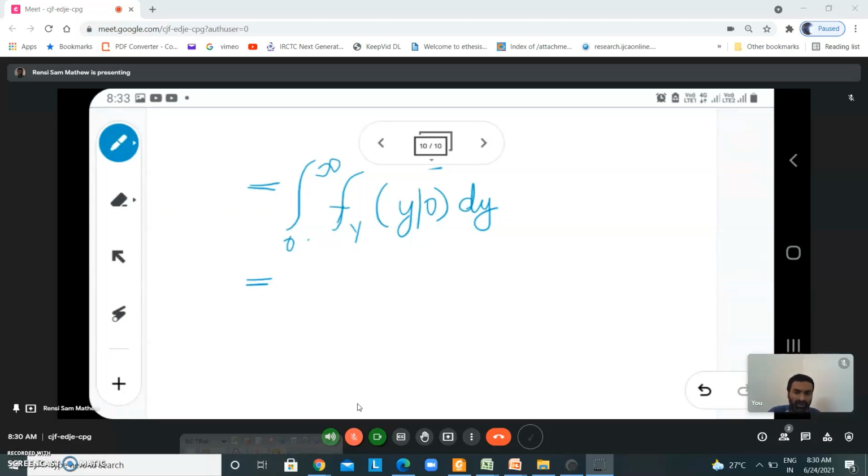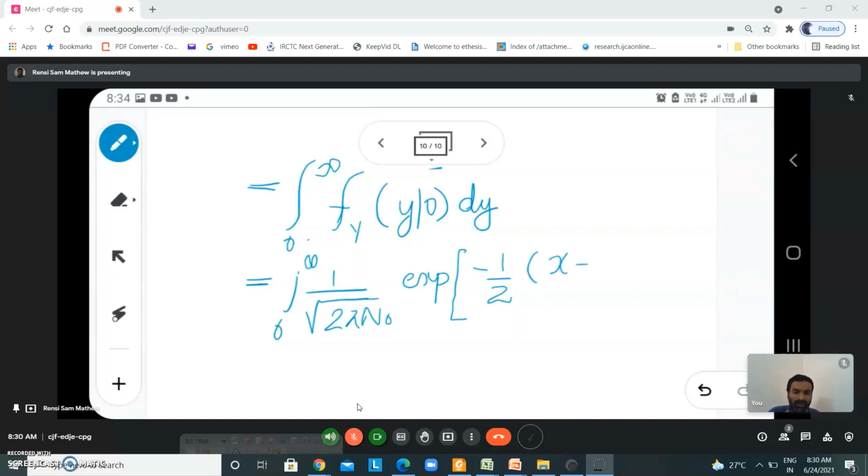We know this is a Gaussian random variable, so I can write it as 1 by integral from 0 to infinity of 1 by square root of 2 pi into sigma. Sigma here is N0, into exponential of minus 1 by 2 into x minus the mean.